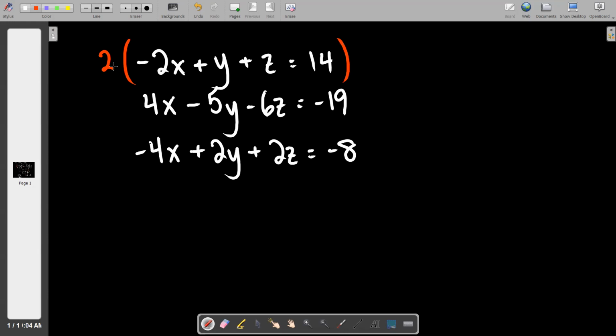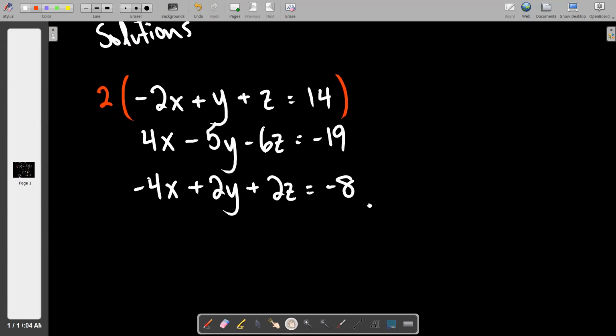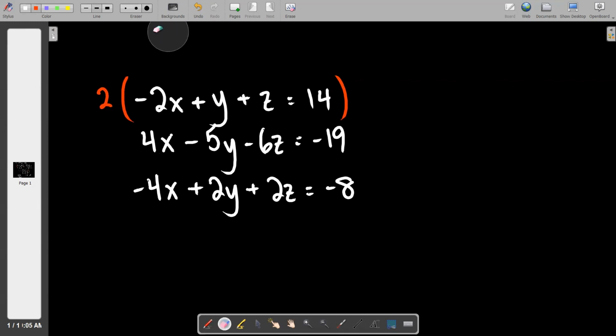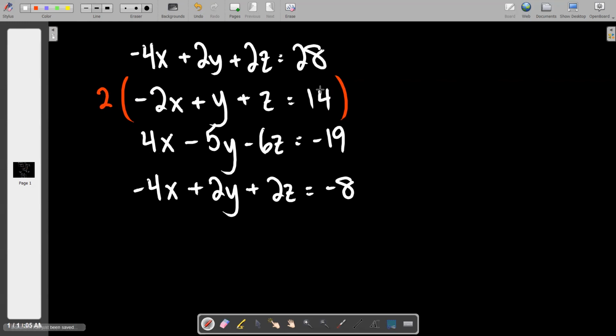Remember, with signs, if one of them is different than the other two, then you don't have to modify, right? You'll just have to use the correct rows. So if I multiply the top equation by -2, I'm going to get -4x plus 2y plus 2z equals 28. Everybody okay?